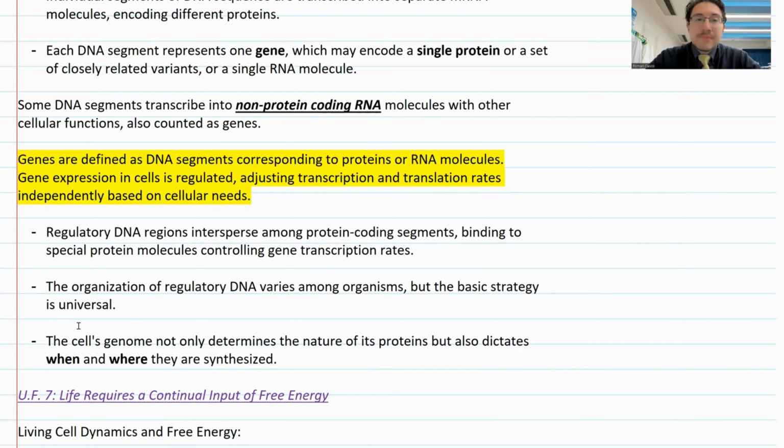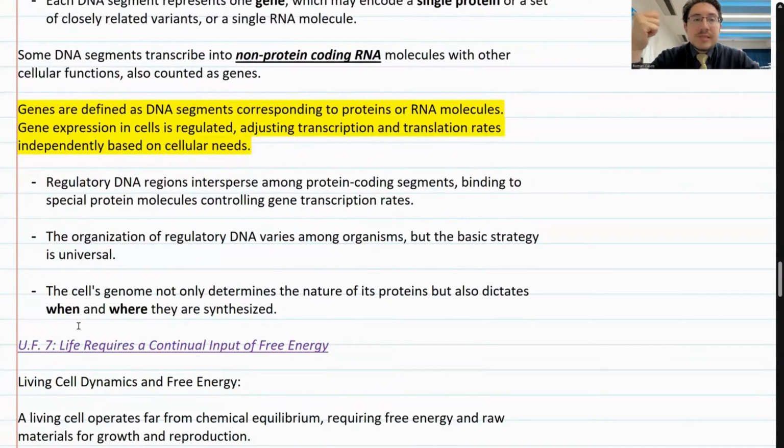We'll get into that. Or even a single RNA molecule. That being said, DNA segments could transcribe into non-protein coding RNA molecules that have some other functions. They don't get translated into proteins, but they're also counted as genes, despite not producing a protein.